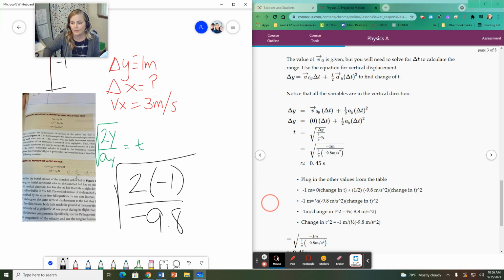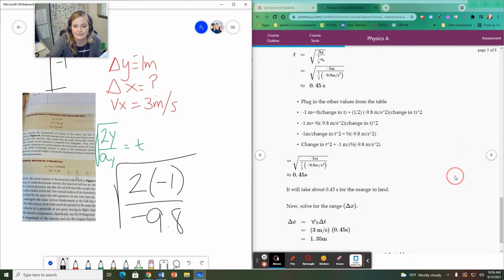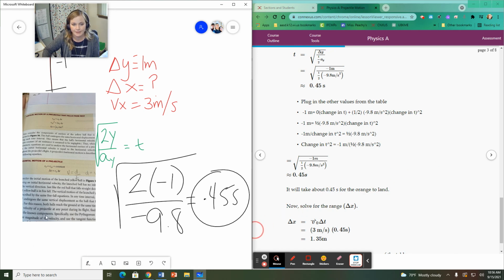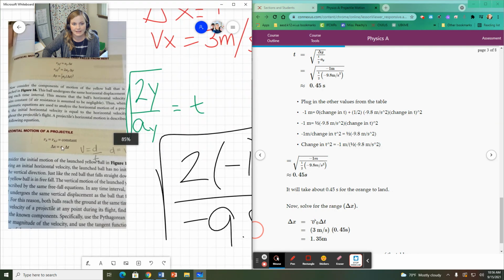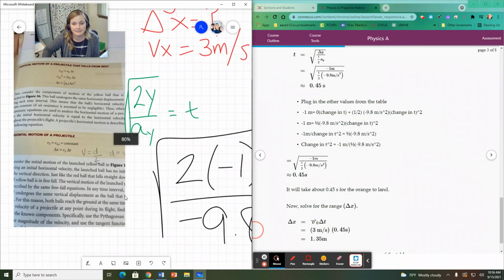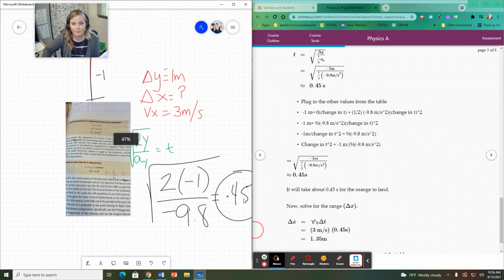And when we do that, we end up with 0.45, which is the same thing they get in the lesson. 0.45 seconds. So that's our time. Once we have our time, we can go back and say velocity times time is equal to distance. So 0.45 seconds times 3 gives us 1.35 meters.